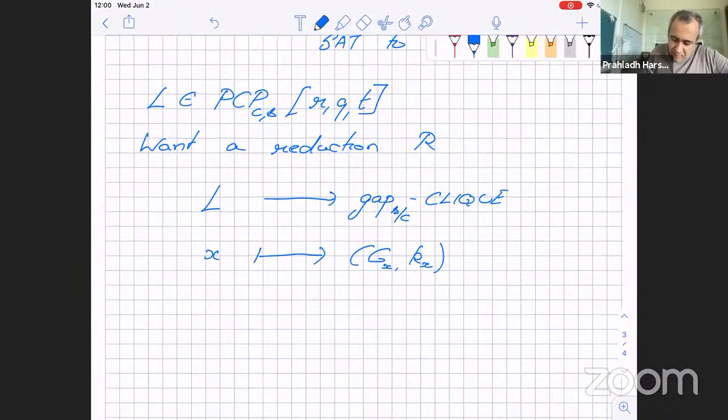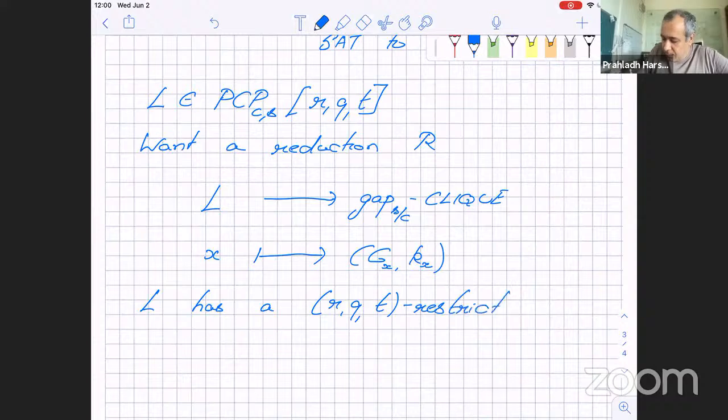So what do we know? We know L has a, what do we call it, RQ restricted verifier. I'm going to drop the other parameters. Once again, what does this mean?